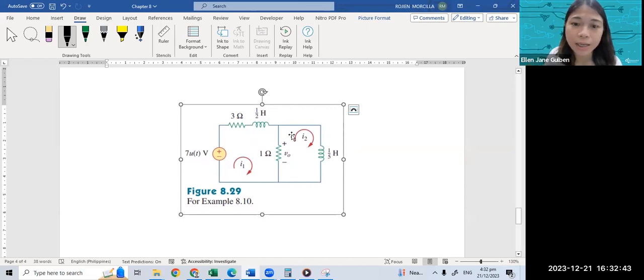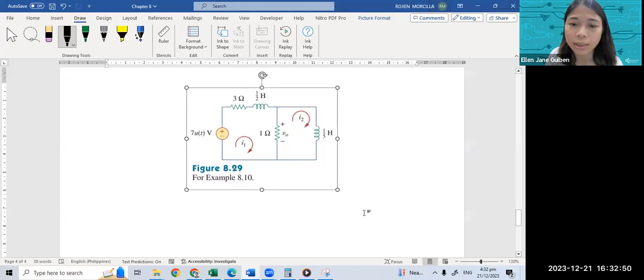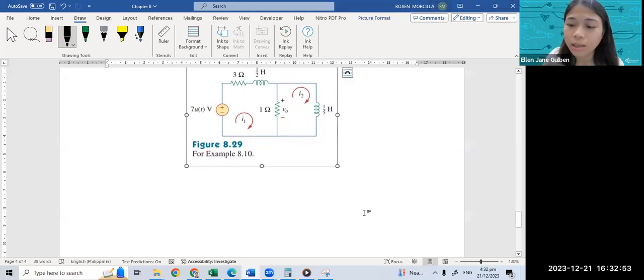Okay. So we will be applying the same method that we did in the previous example. We will be doing loops and KCL. And also this, we will be solving it source-free. So you may wonder why we're solving it source-free. In the next part of this lecture series, you will learn how to solve circuits using a method where we are going to be doing the source-free.